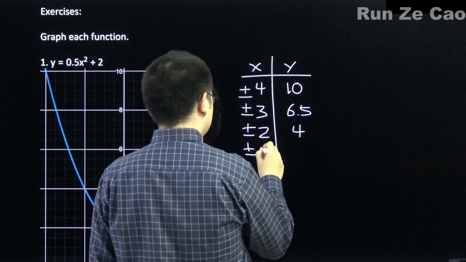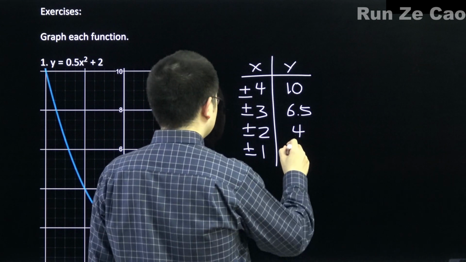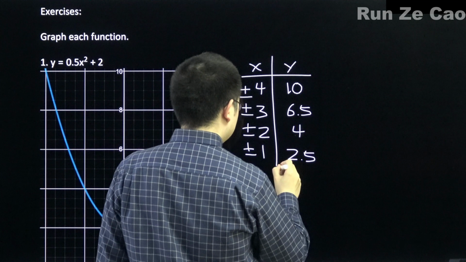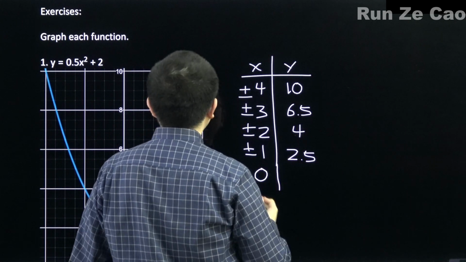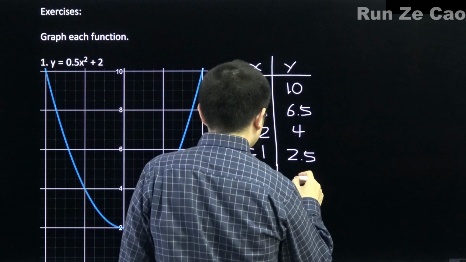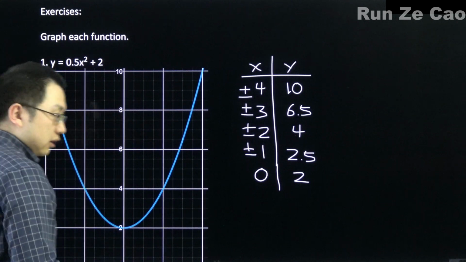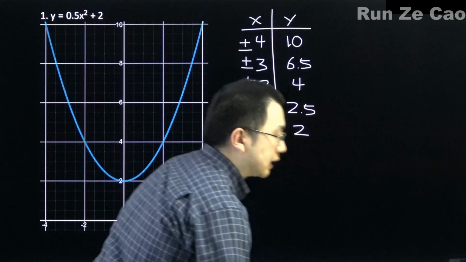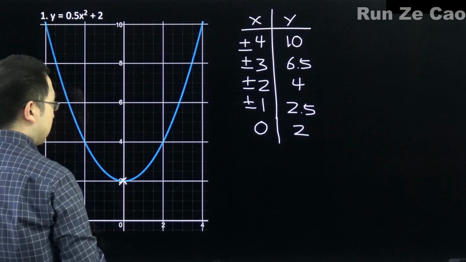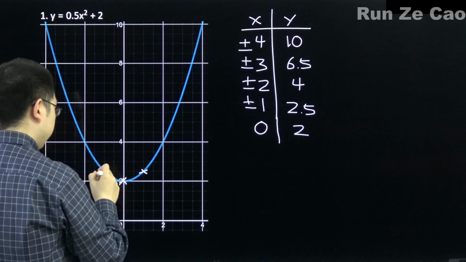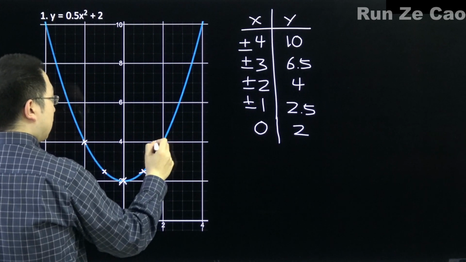And plus minus 1, 0.5 times 1 plus 2 is 2.5. And then there's 0. 0.5 times 0, plus 2, is then 2. And then we would plot these points. Like say 0, 2. And then plus minus 1 and 2.5. Plus minus 2 and 4.